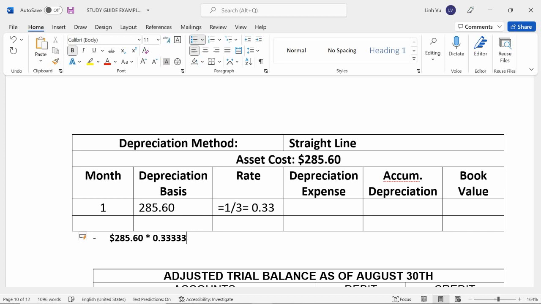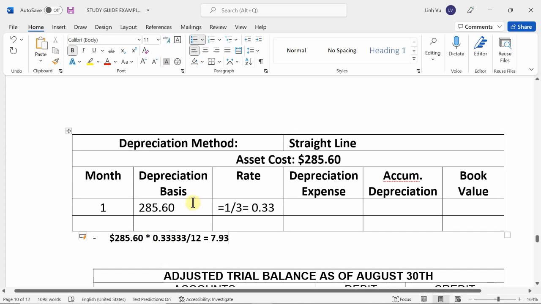So I need to divide this whole thing by 12 because $95.20 is for the whole year. So I need to figure out what this $95.20 divided by 12 is. And that will give me $7.93.